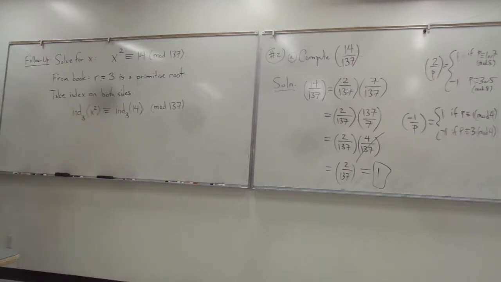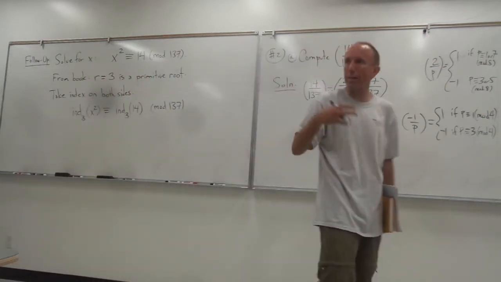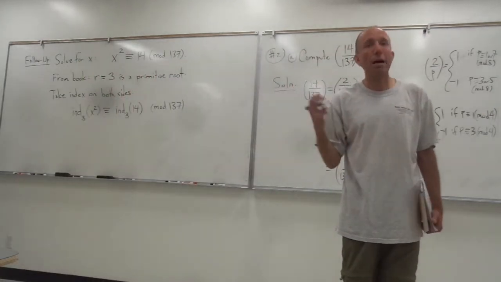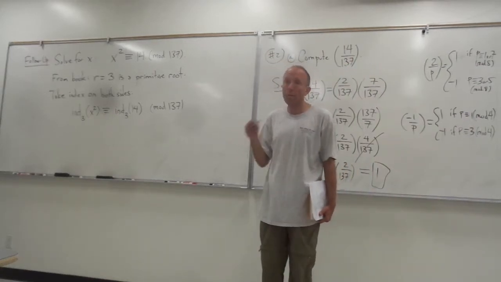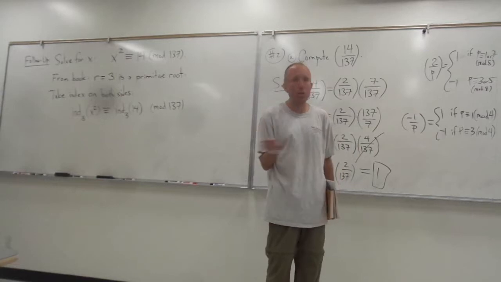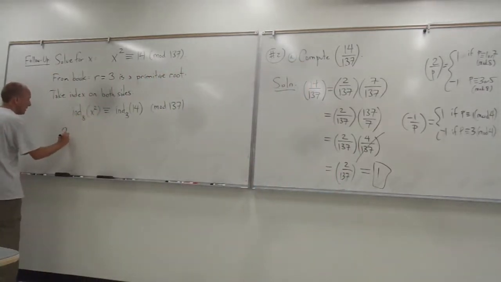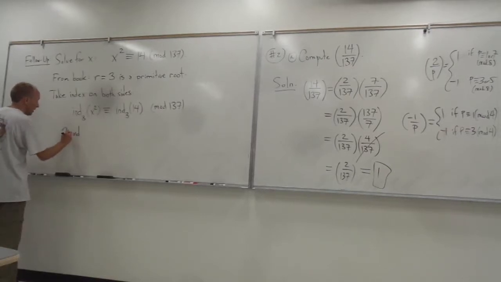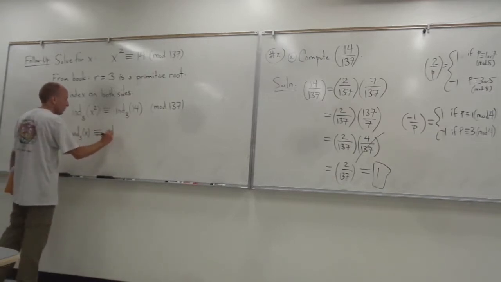It works just like a logarithm, so many of the properties of indices work just like the properties of logarithms. I would recommend reviewing the proofs of those properties of indices that we did in class, just to refresh how those work. They're not that difficult. But one of the properties is indeed that you can pull down in front the exponent here. So we're going to get 2 times the index of x congruent to the index of 3.